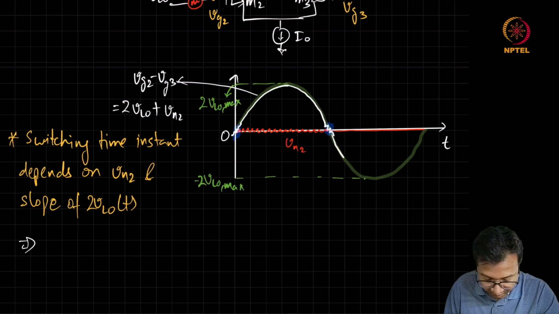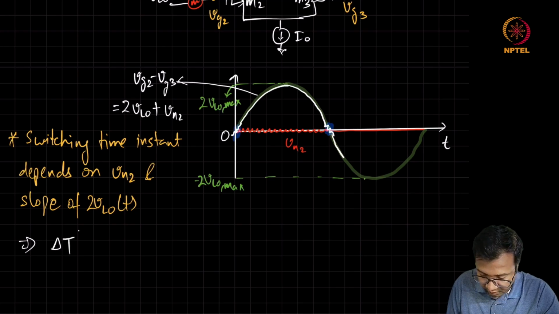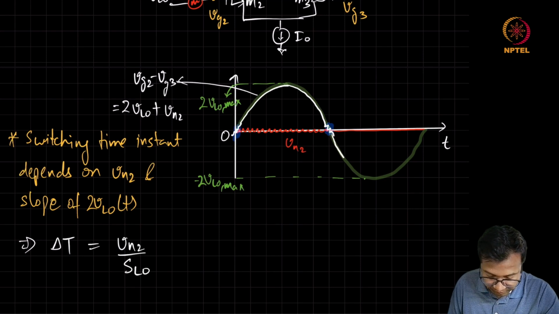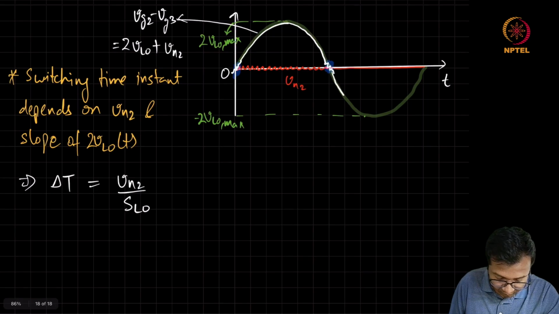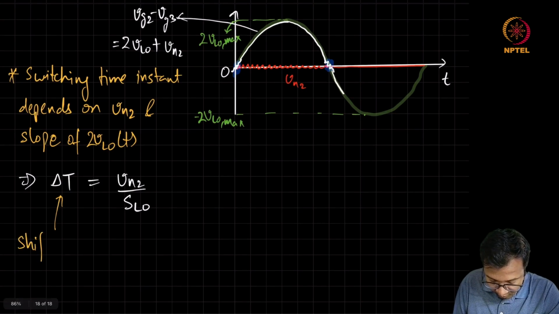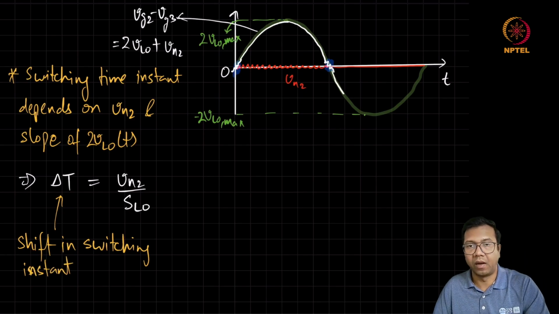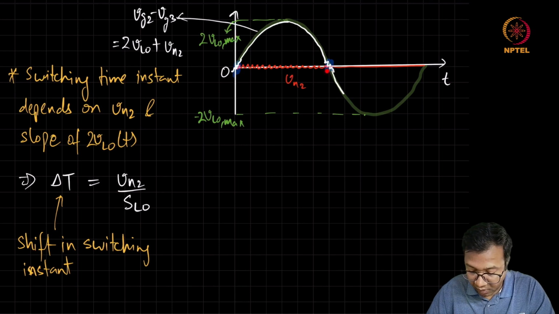Let me call this some delta T. This delta T is equal to VN2 divided by slope of VLO, where delta T is the shift in switching instant compared to the ideal switching instant, which was at TLO by 2.